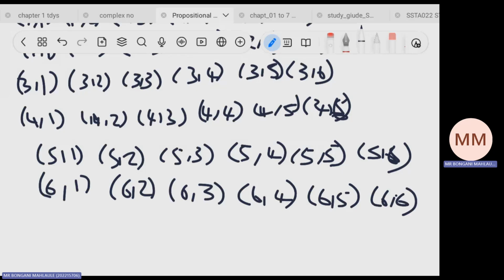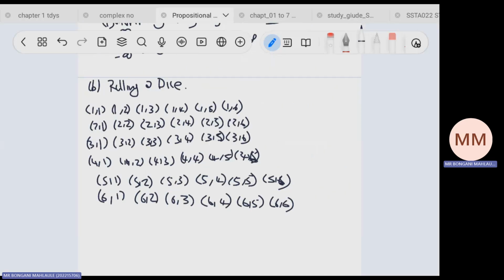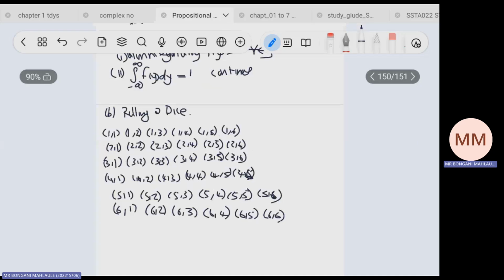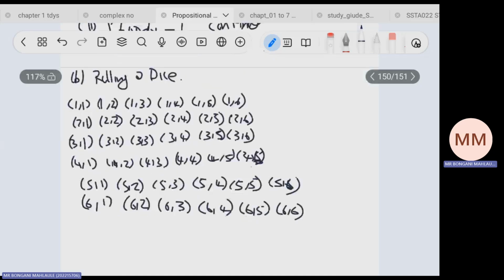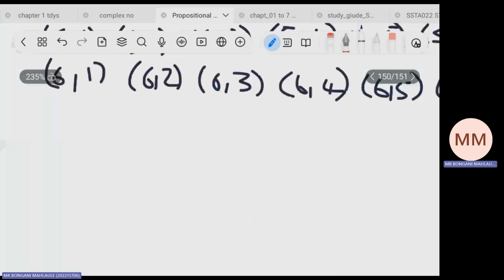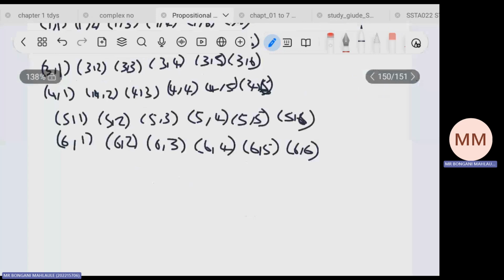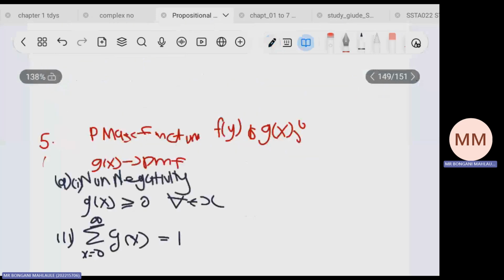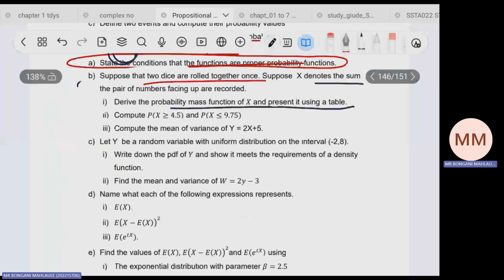So all we have to do is to construct a table. Let's check the question here. They said derive the PMF and present it using a table. So you just have to put this in table form.